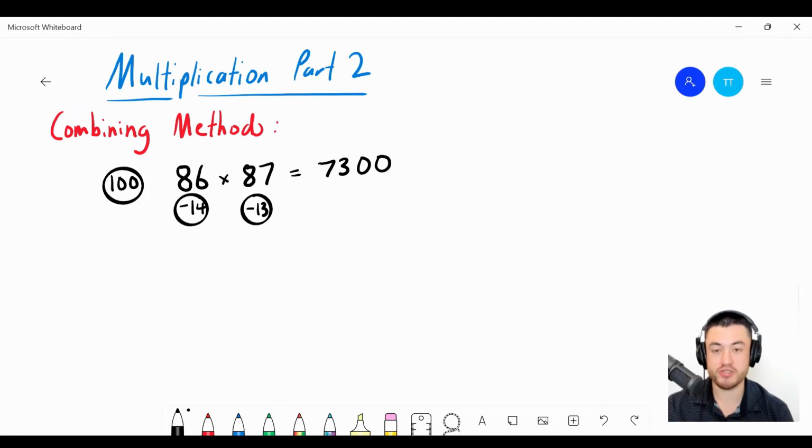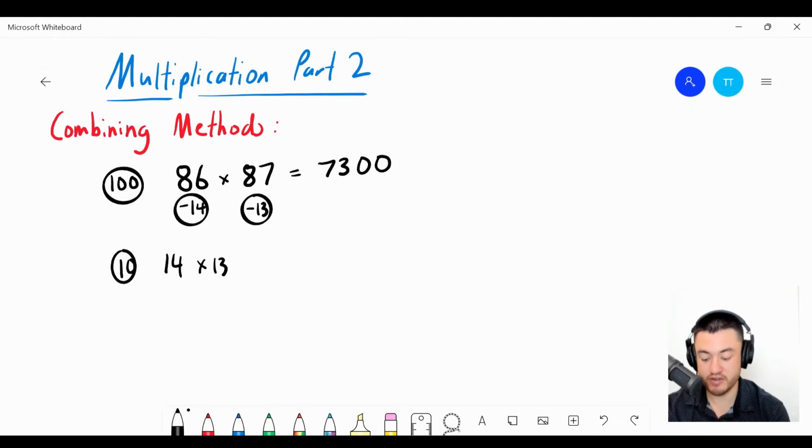And then as we know, we have to multiply the two numbers together. Now 14 times 13, we can apply the same technique. We can this time use 10 as our reference number. This time we'll have 4 above and 3 above.